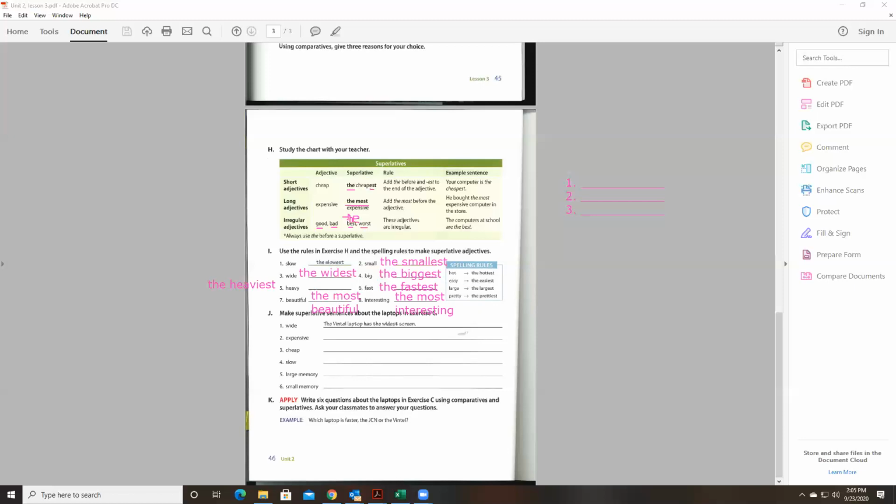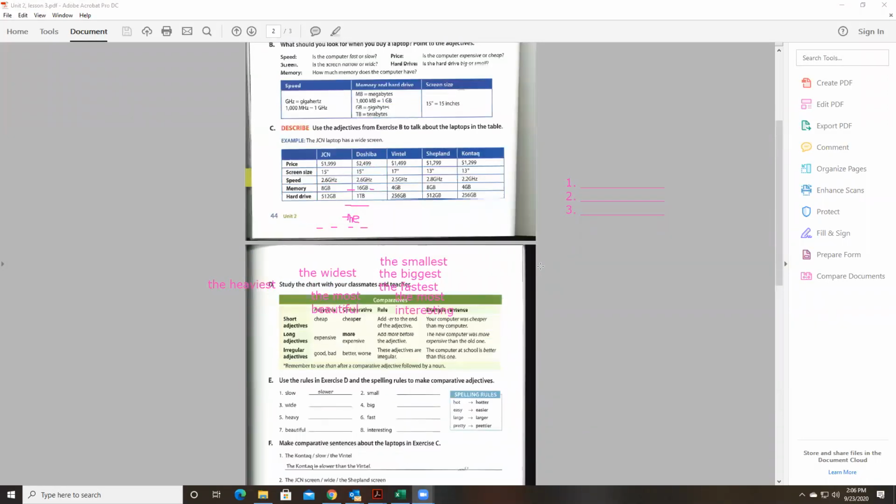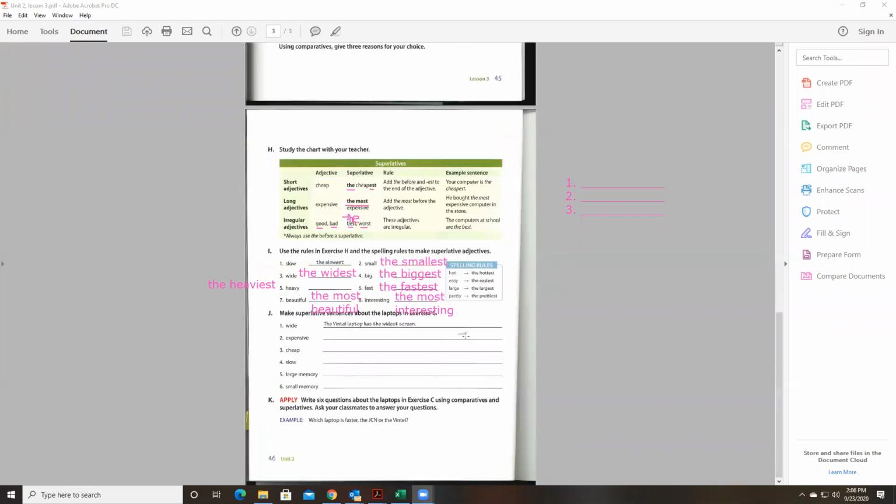Okay, so for example, number two, it asks you for expensive. Which one is the most expensive? Well, if you look at your picture or your graph right here, which one is your most expensive? The Toshiba laptop, right?